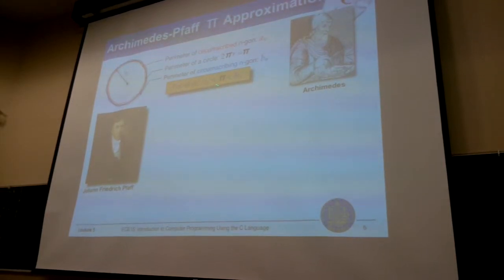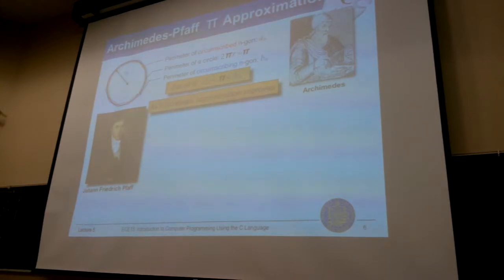We know that for all n, the inscribed n-gon has a smaller perimeter than the circle, and the circumscribing n-gon has a larger perimeter than the circle. And so that's an inequality for approximating pi. And as n increases, our approximation improves. So as we increase the number of sides in our n-gon, we're getting a better and better approximation of pi.